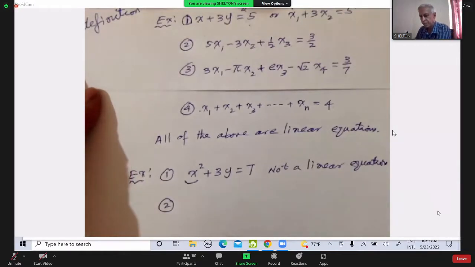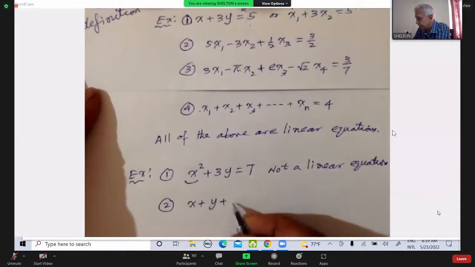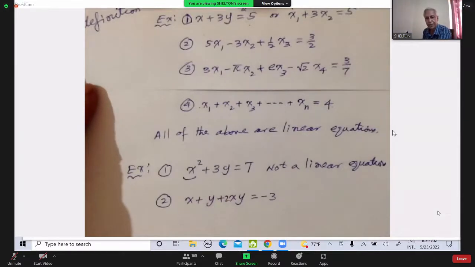Second one, x plus y plus 2xy equals minus 3. Is that a linear equation? What do you think? This term, the product of the variables, that's not allowed.